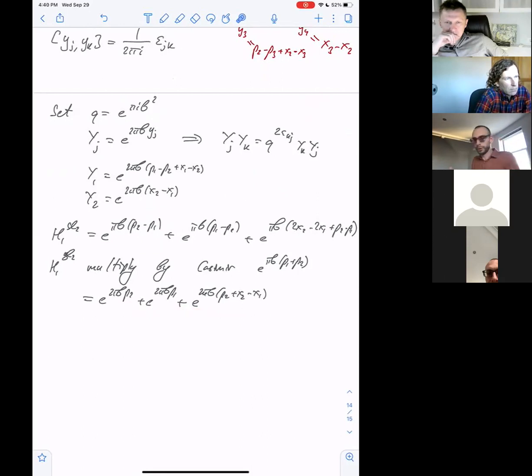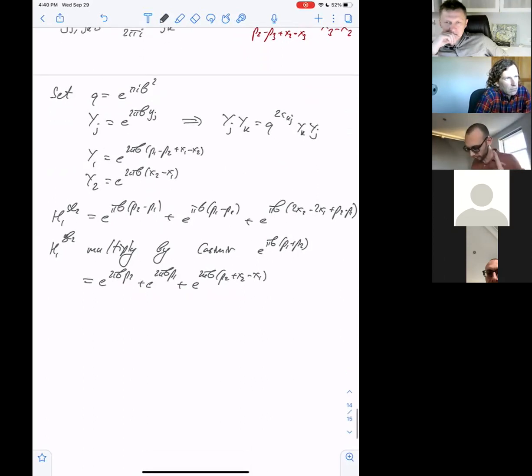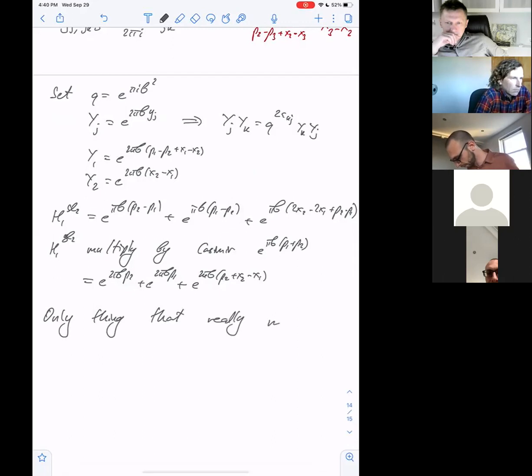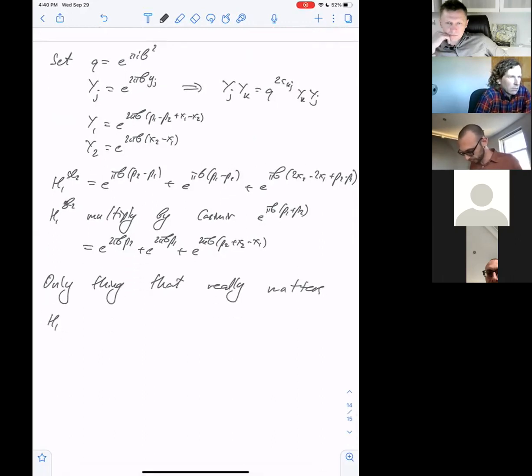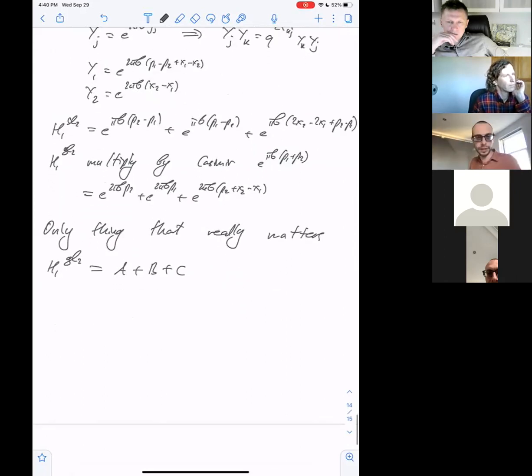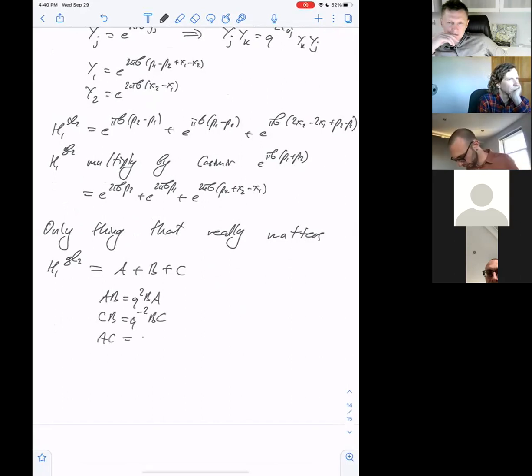Of course, the only thing that really matters here is that H1 of GL2 is, after all, just a sum of three terms with the relations that AB equals Q squared BA, CB equals Q to the minus 2 BC, and AC equals CA.